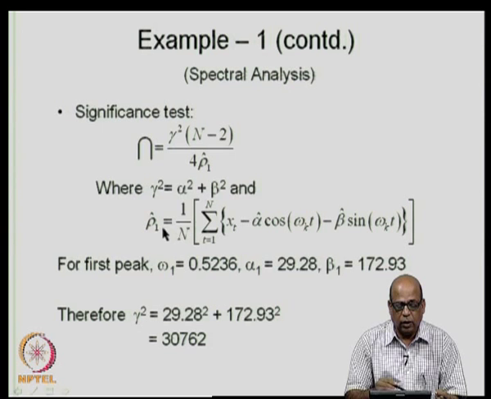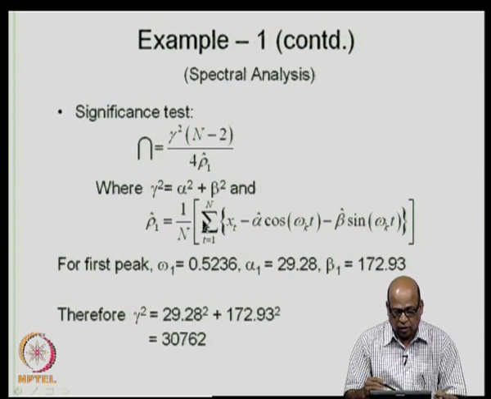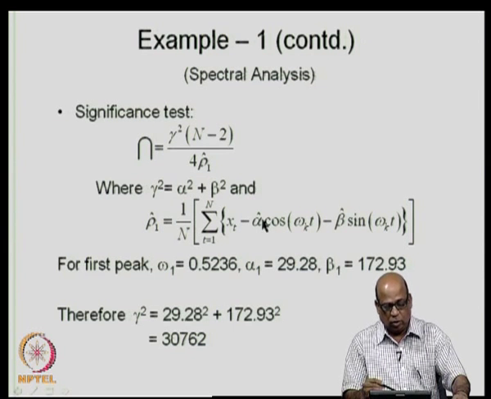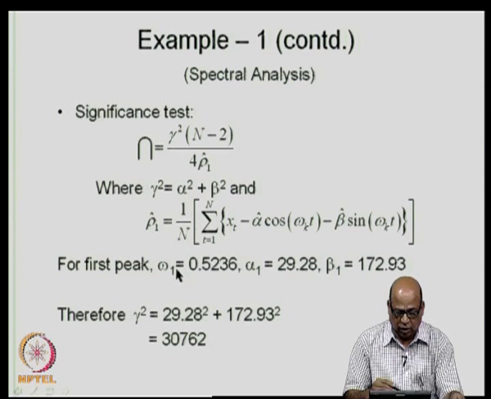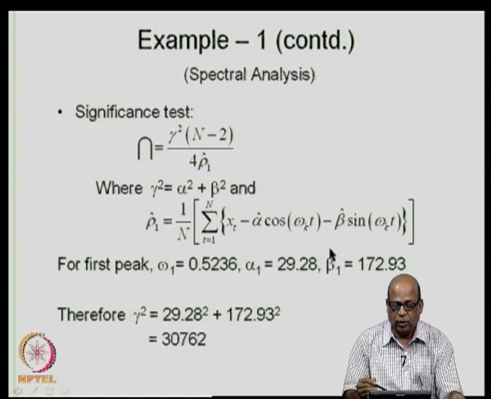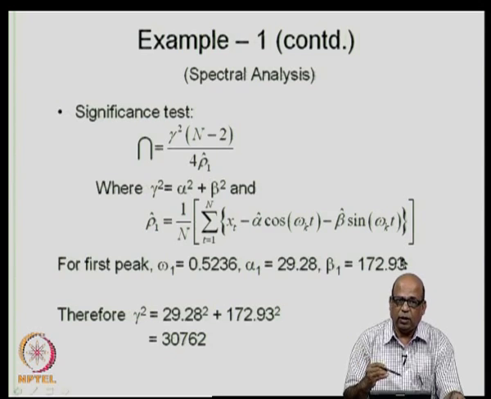where rho 1 cap is estimated as 1 by n times the sum of x t, which is your original data, times alpha cap, which is the alpha corresponding to the particular periodicity that you are examining. So, for the first peak we had omega 1 is equal to 0.5236 and alpha 1 is equal to 29.28 and beta 1 is equal to 172.93, which we had estimated in the last lecture.